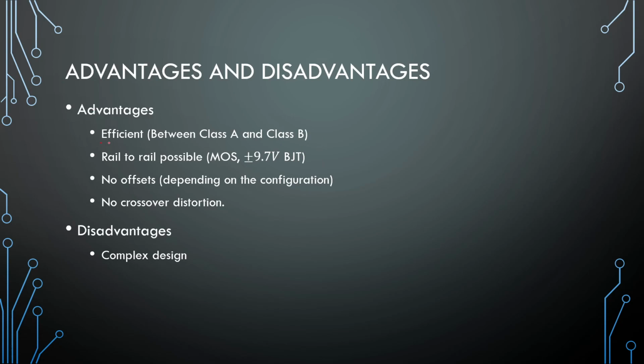Our class AB is efficient, but it's somewhere between the class A and the class B. So it's not as efficient as the class B, it's not as inefficient as the class A. Rail to rail is very possible with our MOS, and also with our BJT. You can have no offsets depending on the configuration that you're using, and there is no crossover distortion. The disadvantage is the design is a little bit more complex than the class A or just the class B amplifier.